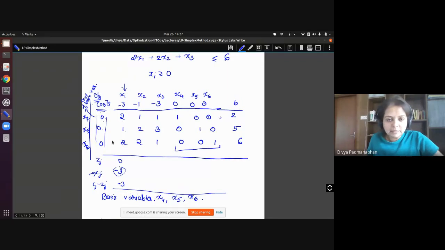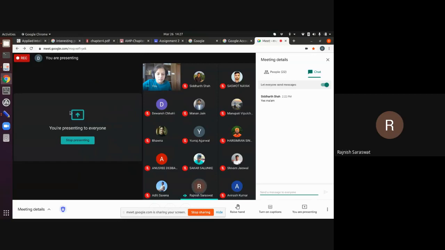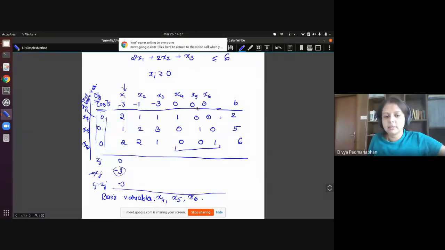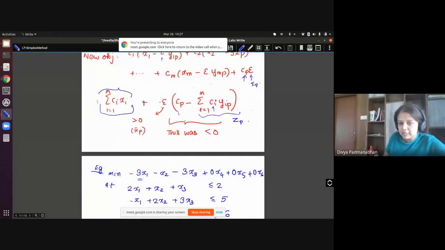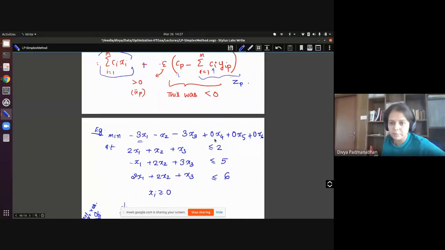Let us do this together so that it's easier to follow. Is this clear, how we computed it for the first column? Can you repeat it? Yeah, you want me to repeat it? Yes. So we are basically computing this term for each of the columns P, each P being a non-basic variable.